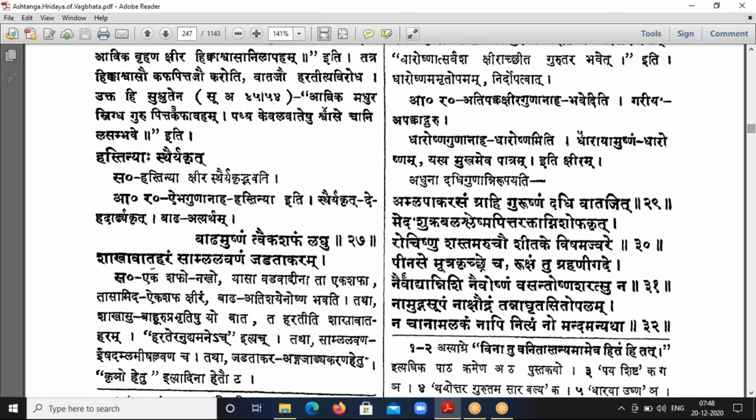Shakha is used in two contexts. One is to indicate one of the Roga Margas, and the other one is to represent the limbs. So here it will be more appropriate to take the meaning as the limbs.